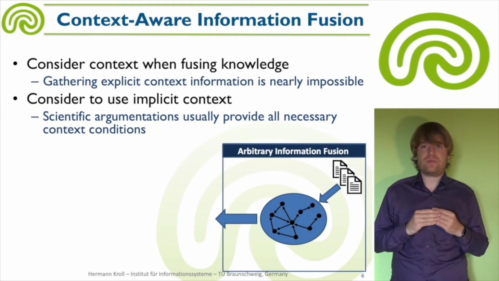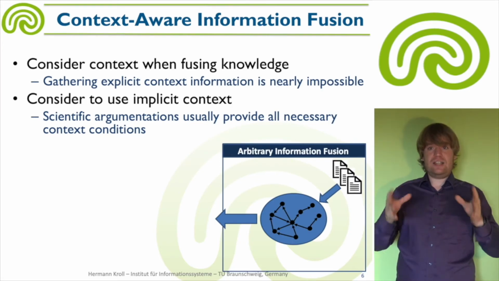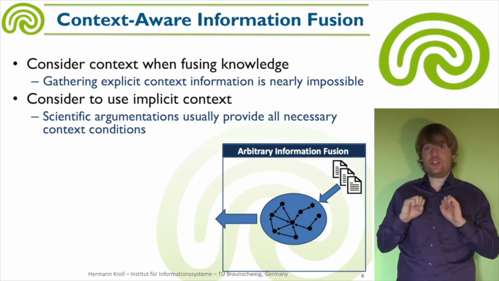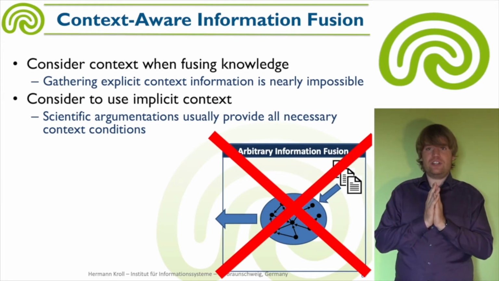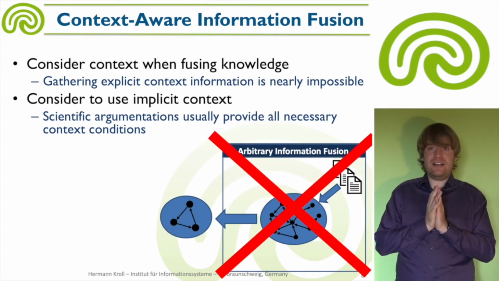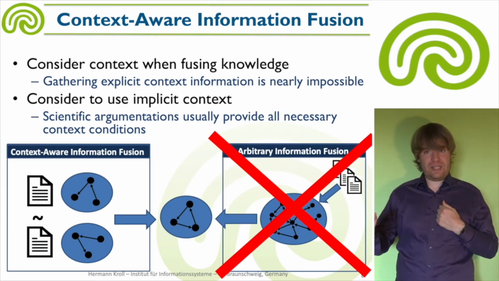So we recommend you to do, instead of harvesting facts out of documents and putting them all together into a single knowledge graph and then using this knowledge graph to build an answer, you should keep the reference to the original documents.